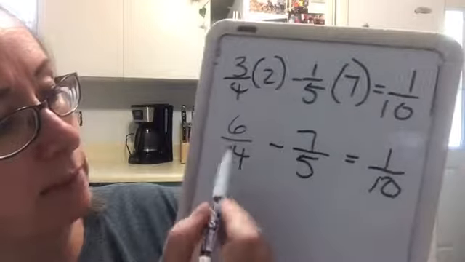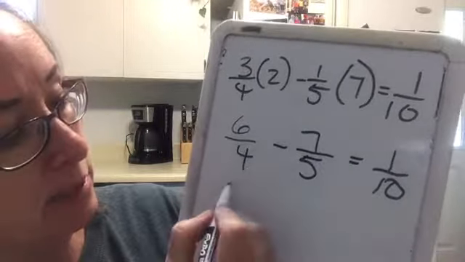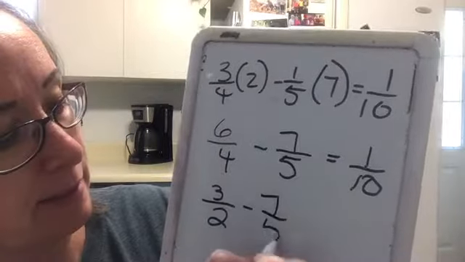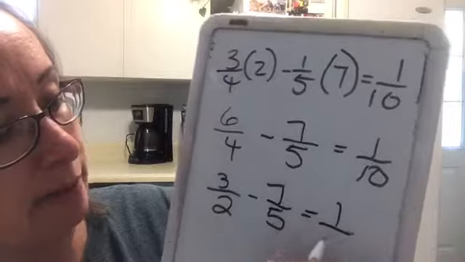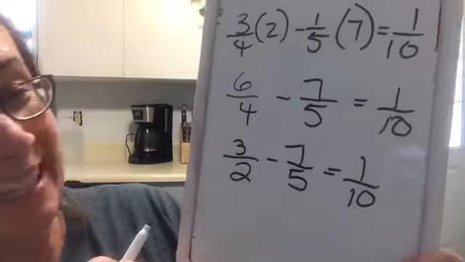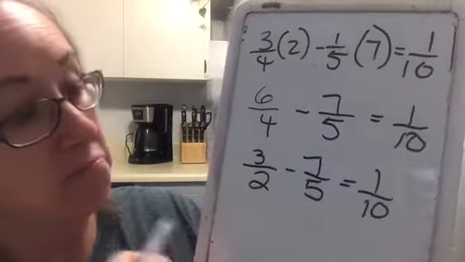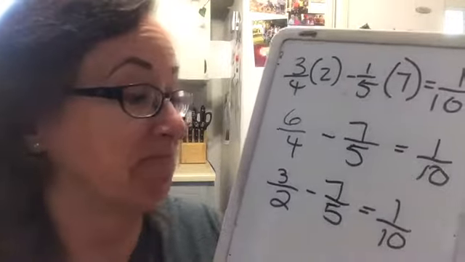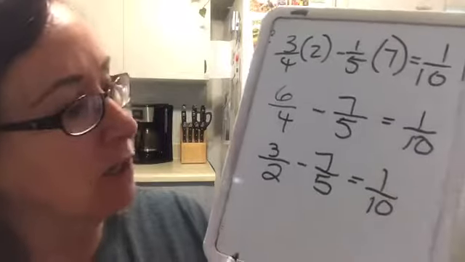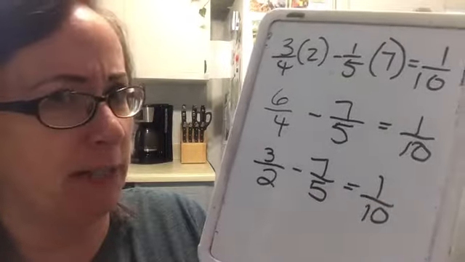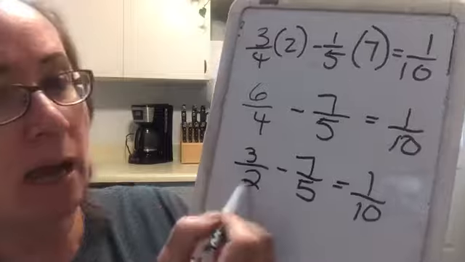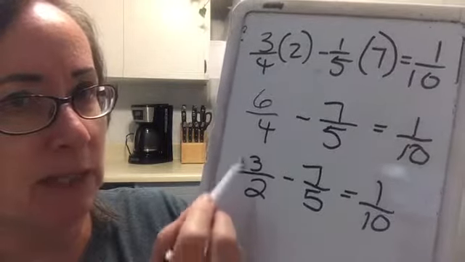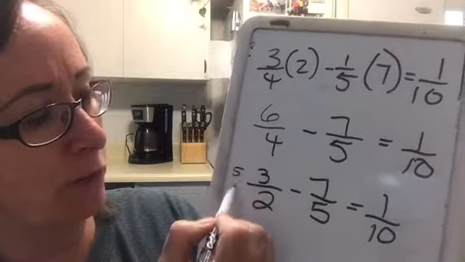Okay, so now 6/4 is 3/2 minus 7/5 is 1/10. Now, can I get a common denominator of 10? Or I could multiply everything by 10. They both work. Okay, so we're going to do it both ways just so that you can see it. To get a common denominator of 10, I'm going to have to multiply this fraction by 5/5, right?